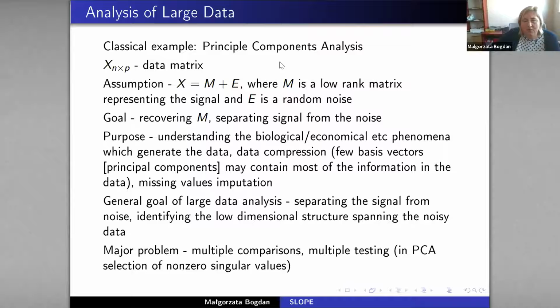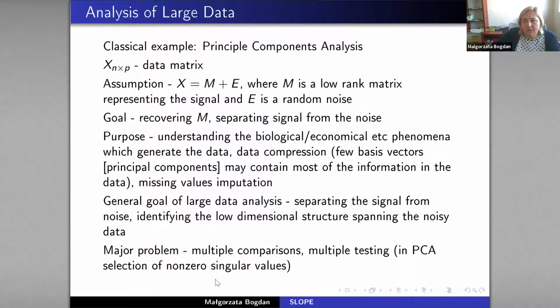Just because you are looking at many things, they all behave randomly. Sometimes you might see patterns which just result from the random fluctuations and do not represent the real signal behind the data. We call such a problem a multiple comparison problem. And in some situations, it is multiple testing.